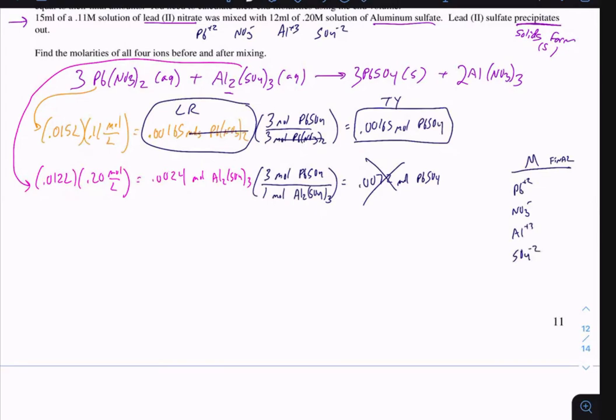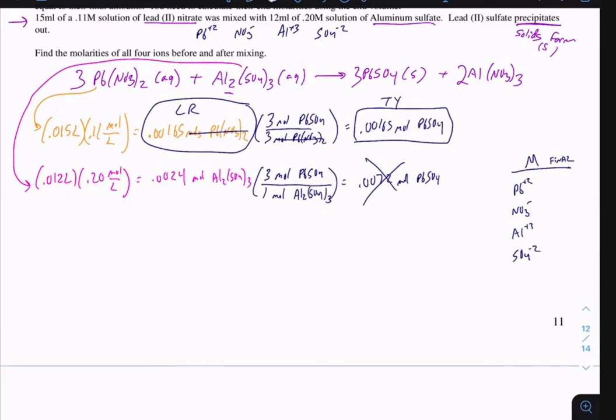Okay? Now, the first thing I would say is look closely at your theoretical yield. And then look closely at the limiting reactant. What do they have in common? Lead.